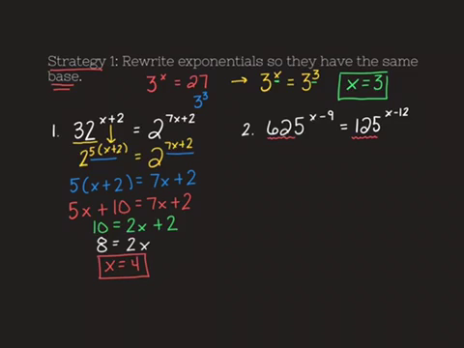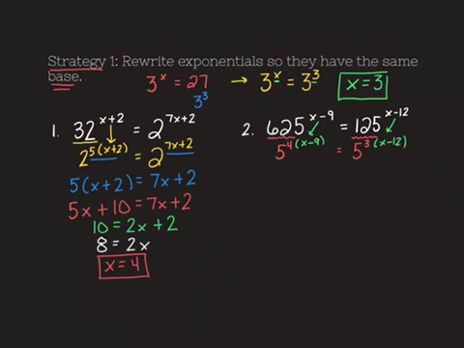So 625 is 5 to the 4th, and 125 is 5 to the 3rd. And then I still have those exponents from before, so the x minus 9, put it in parentheses, and the x minus 12. Put that in parentheses as well.